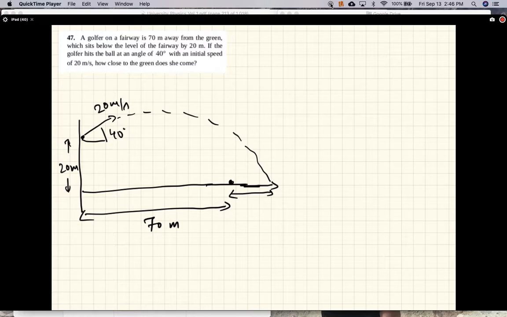But all right, so let's write down the initial velocity in component form. So the initial velocity is 20 cosine 40 i plus 20 sine 40 j. So that's the initial velocity in component form.